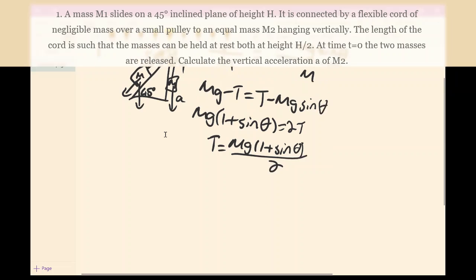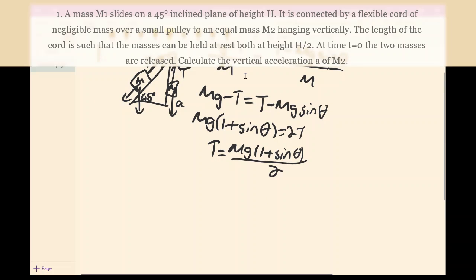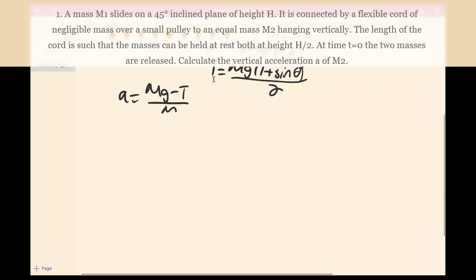So now, since we're solving for the acceleration, the acceleration a we already found is mg minus T over m. Now we can just plug in T, and this is equal to g minus g times 1 plus sine theta over 2.